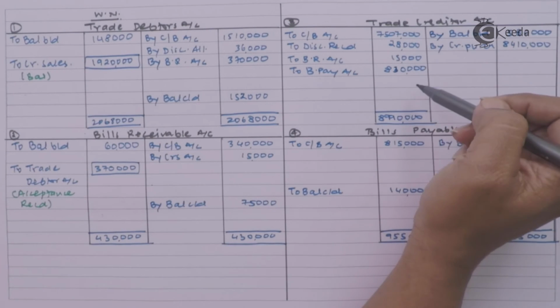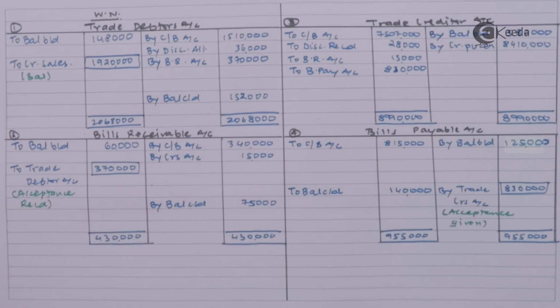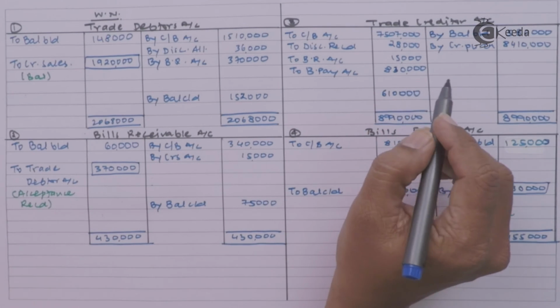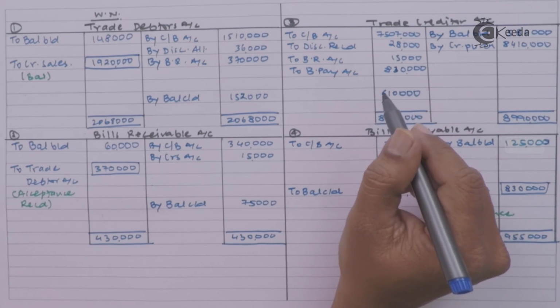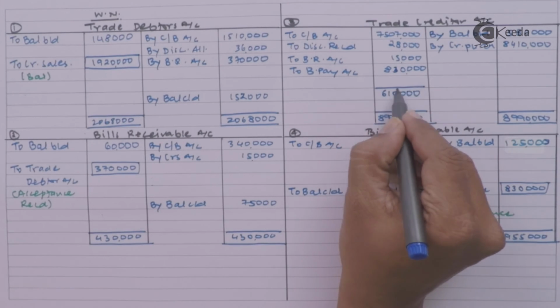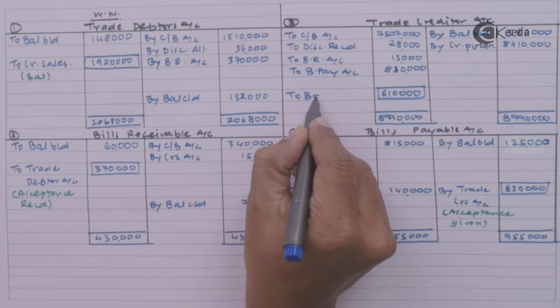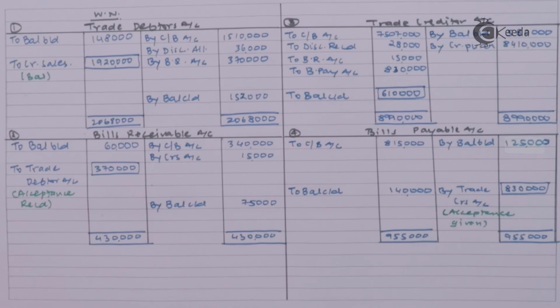From that I will minus all these debits. 6,10,000 is my balancing figure. These are my closing creditors, and this closing creditors I will write in my balance sheet on the liability side.